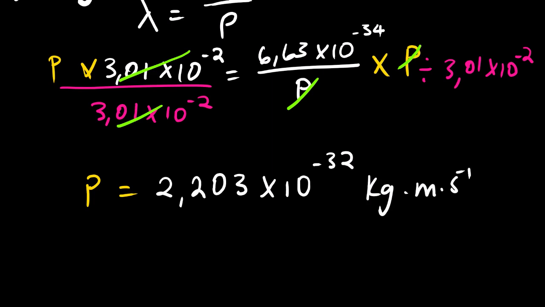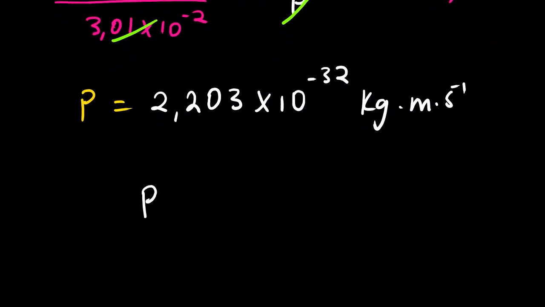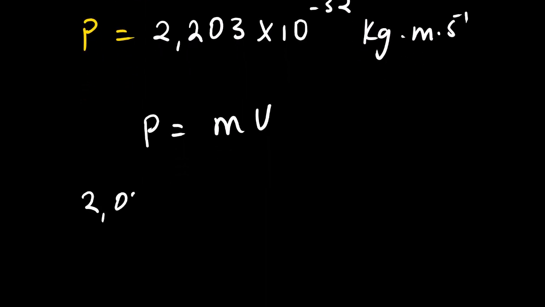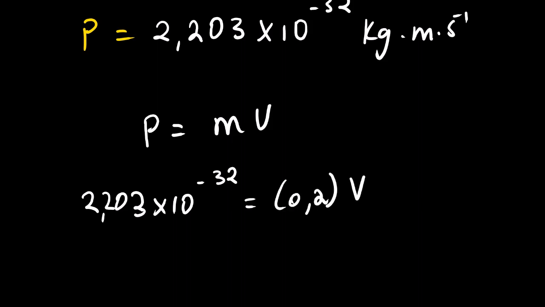Then from here we can use the equation of momentum to calculate the velocity. 2.203 times 10 to the power negative 32 equals the mass, it's 0.2, times the velocity we are looking for.